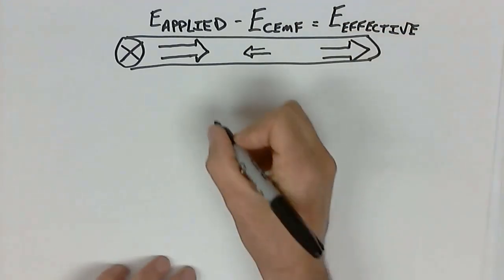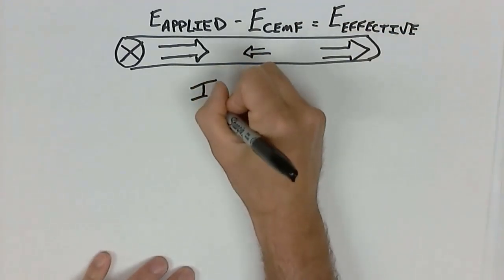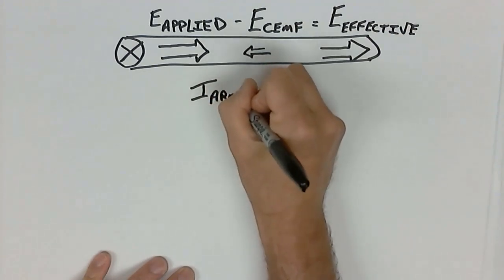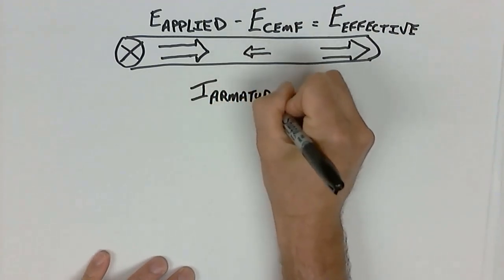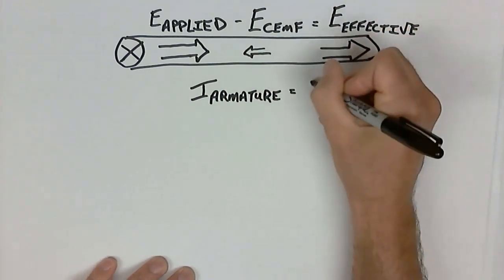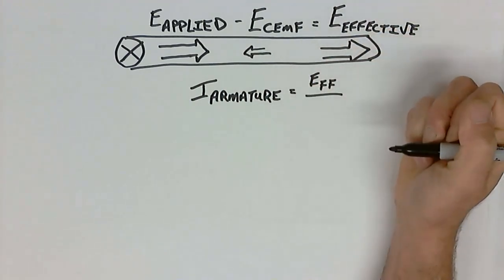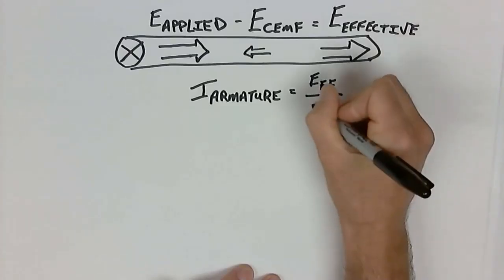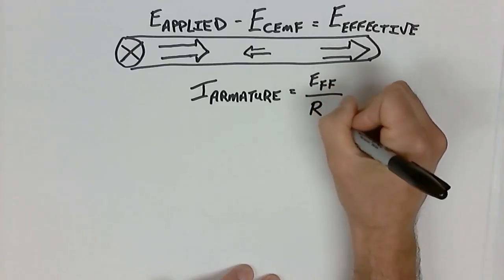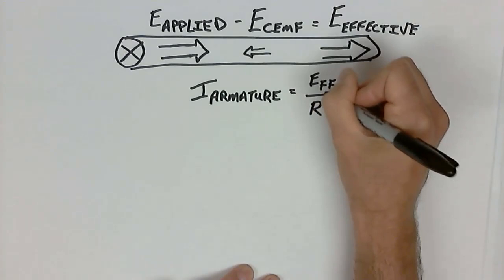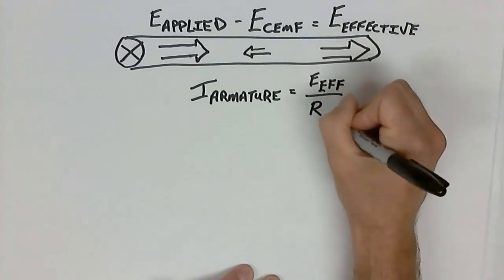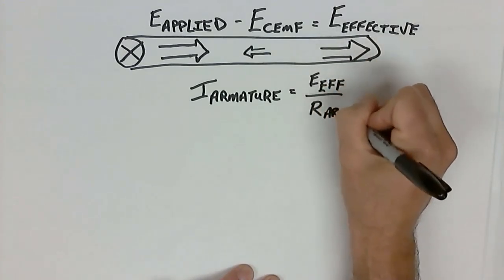So I of the armature is equal to E effective divided by the R of the armature. Oh, E effective, there. R of the armature.